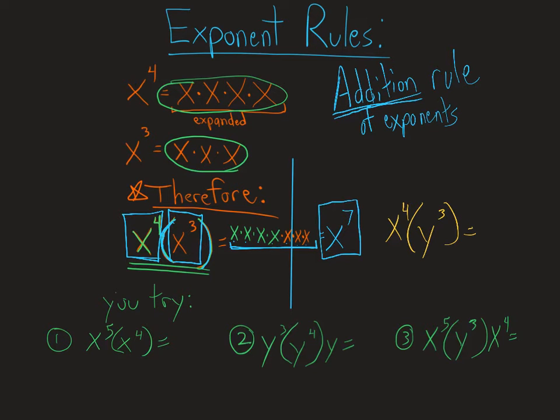Okay, now notice, I'm going to point this out and be really explicit. The addition rule of exponents is saying if you multiply bases, you add their exponents.